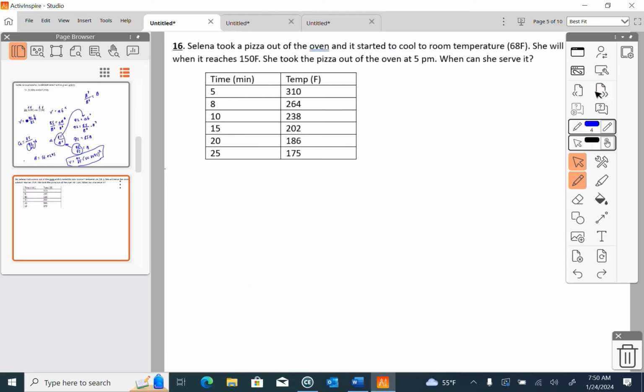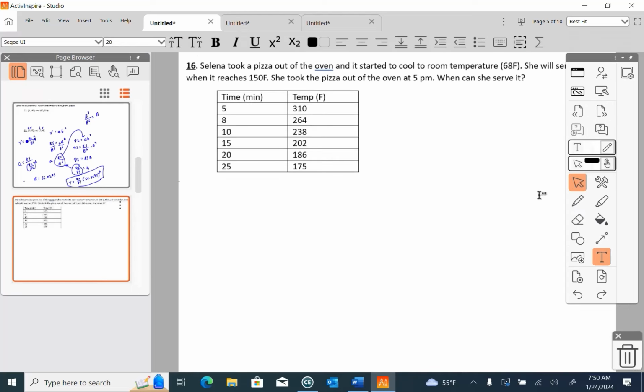All right, here we have a calculator problem. So here's what I'm going to do. I'm going to put the time into list 1, temp into list 2. I do that by going to stat, edit. I forgot to say that first, stat edit.